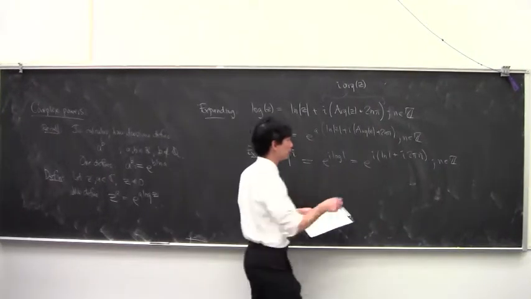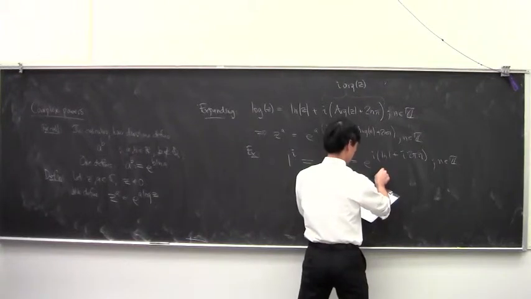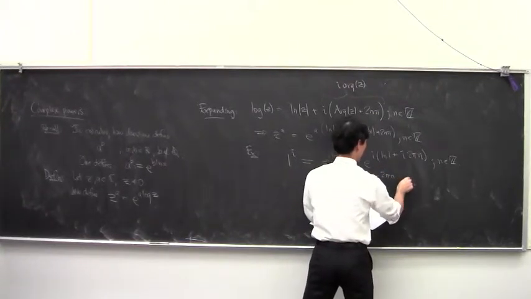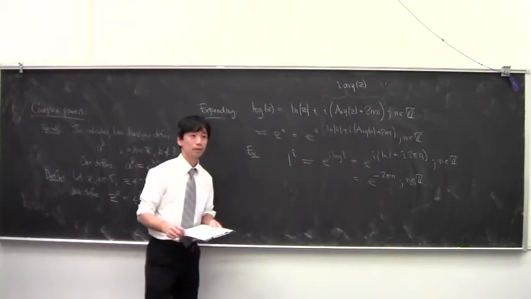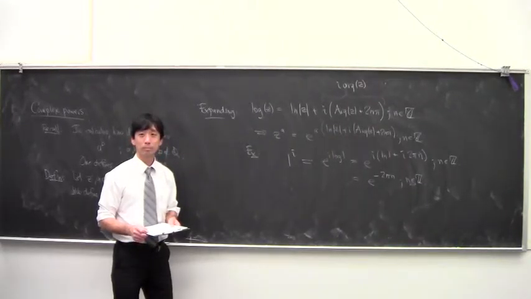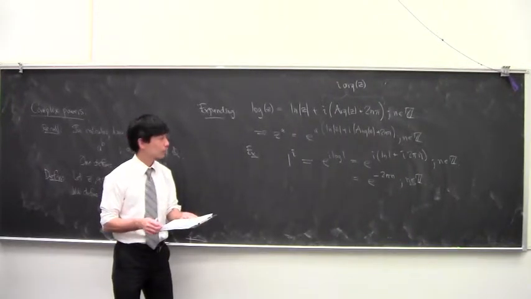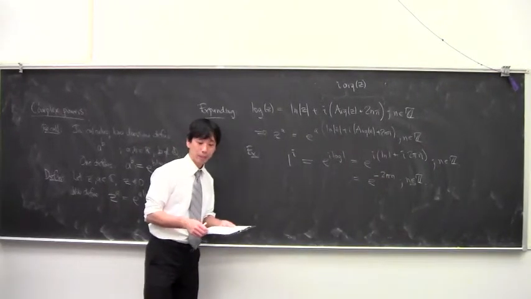So what you get is e to the negative 2 pi n. Okay.